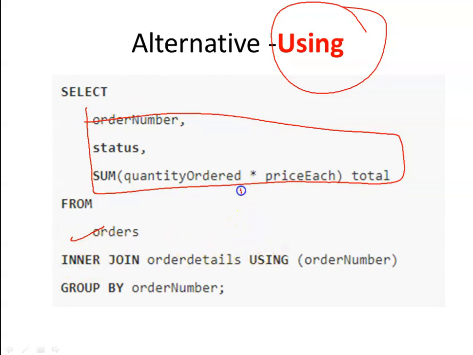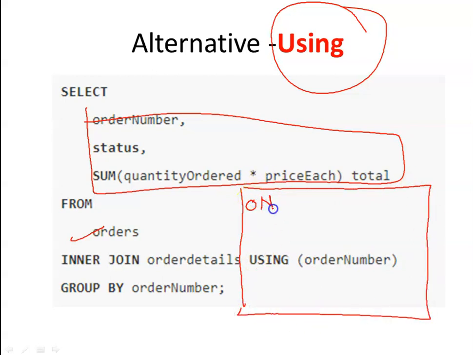Now this particular portion where we used the keyword on and then the join condition is replaced by using and the attribute that is common to both the tables. So this particular query also will give us the same output. So we can make use of natural join in this scenario also. Even in the previous queries, you can try it out using the keyword using.